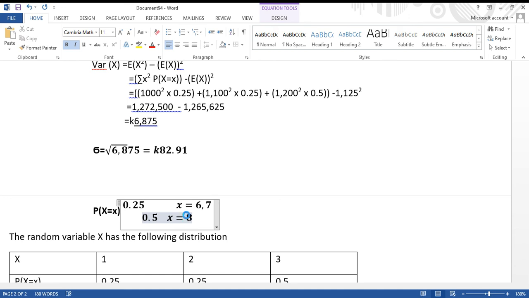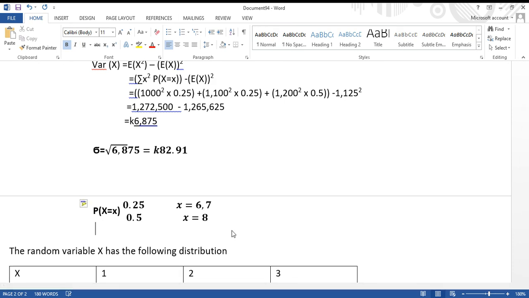It's neater like this. And then we put here 0 and say otherwise.